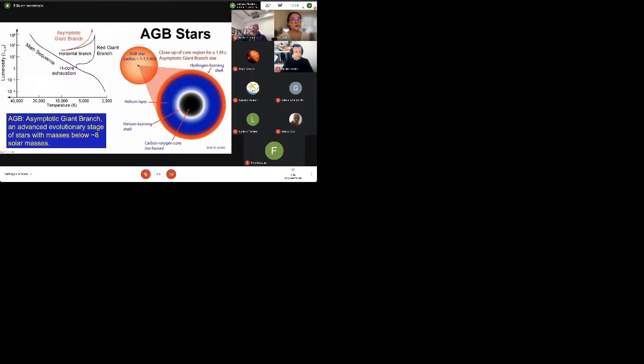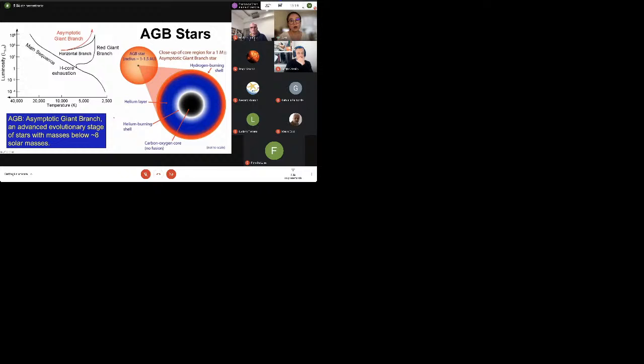Here, I just want to briefly refresh your memory of AGB stars, and for the AGB experts here, you have to forgive me for this simplified picture. AGB stands for asymptotic giant branch, and this is a region in the HR diagram populated by evolved stars, and this is a period of stellar evolution undertaken by all low and intermediate mass stars late in their lives.